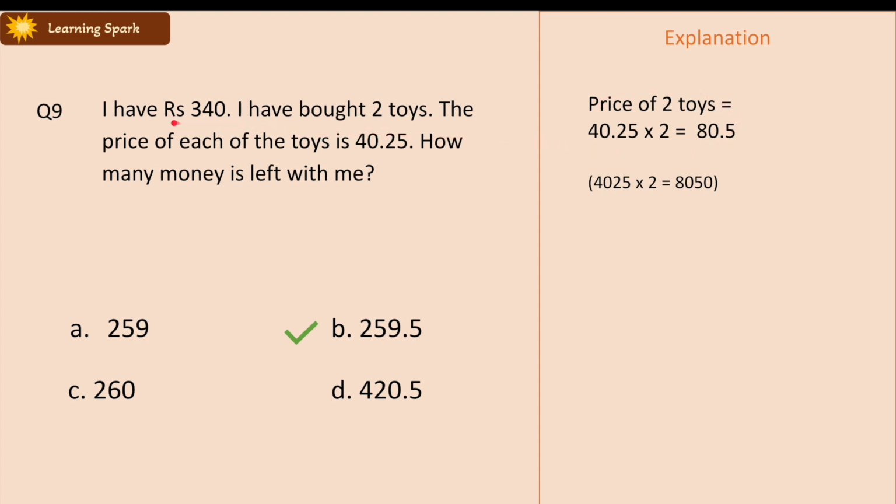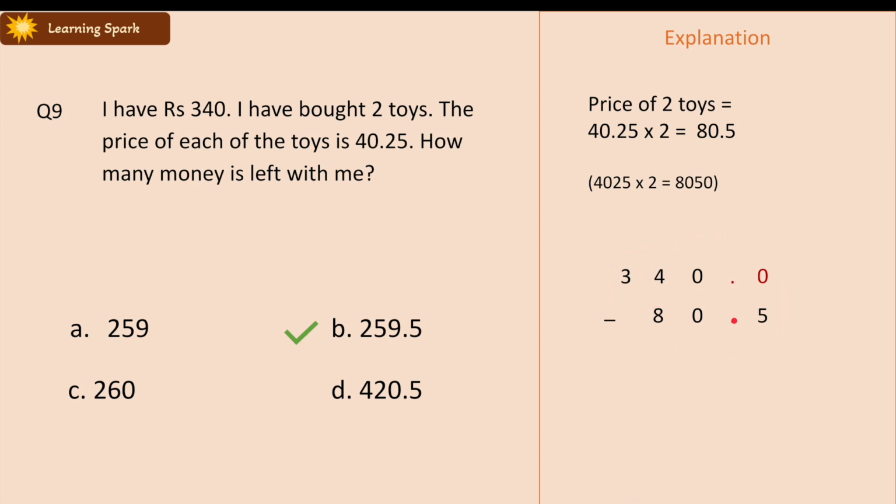Now we have 340 and we have spent 80.5. So how much is left with me is the subtraction of these two, 340 minus 80.5. And how do we do the subtraction? Again following those two rules, right?